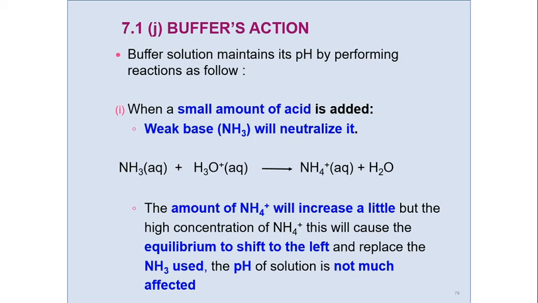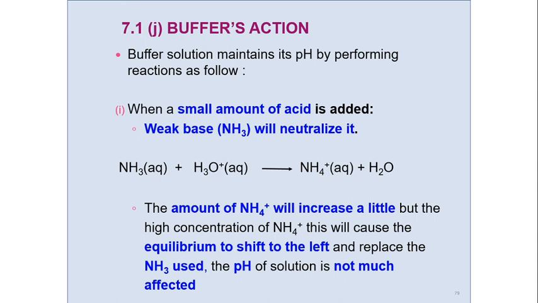Tapi disebabkan dalam solution tu memang dah ada banyak concentration NH4+, maka equilibrium akan shift to the left and replace the NH3 used. Dia akan shift semula ke arah kiri dan menggantikan semula NH3 yang digunakan dalam tindak balas tadi.